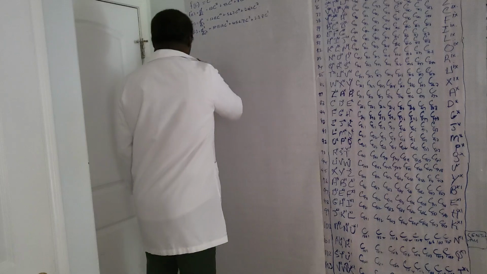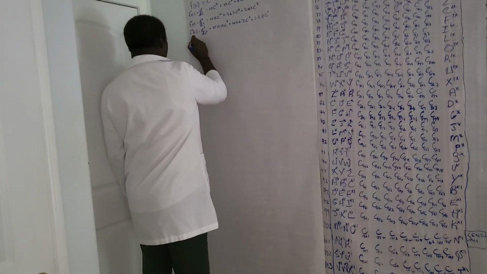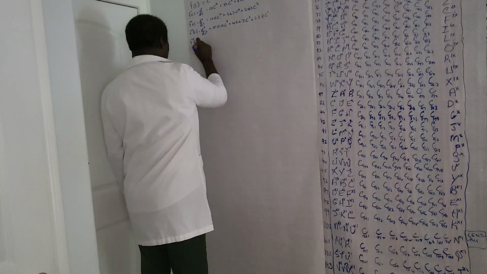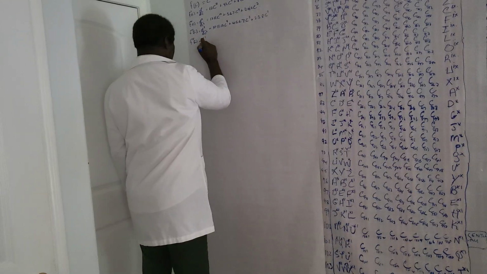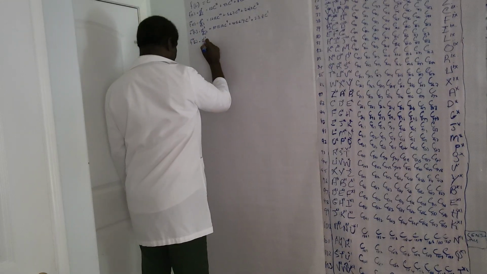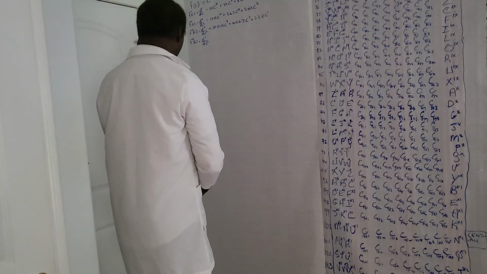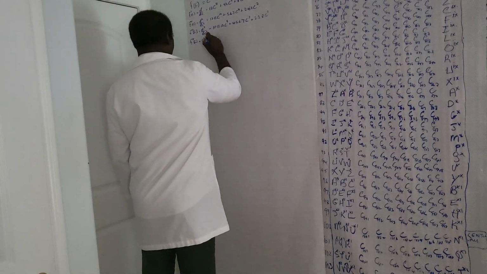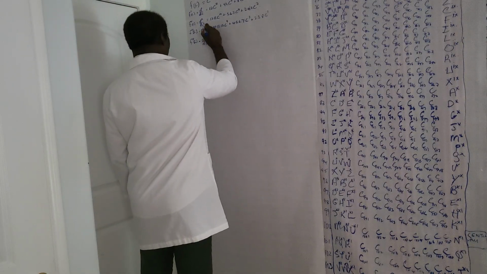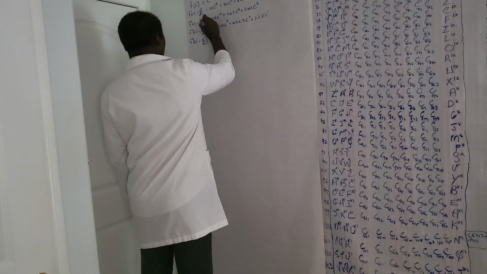And so we say now f fourth dash of C is equal to d fourth f by dc fourth, of the function.